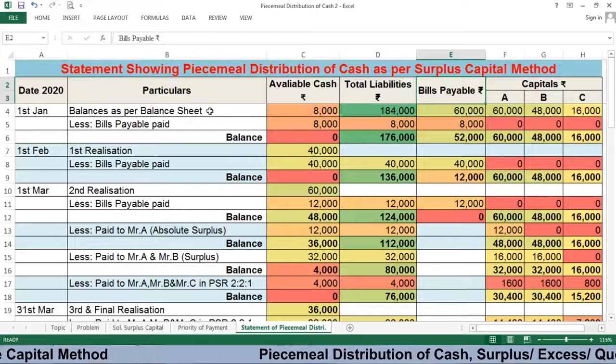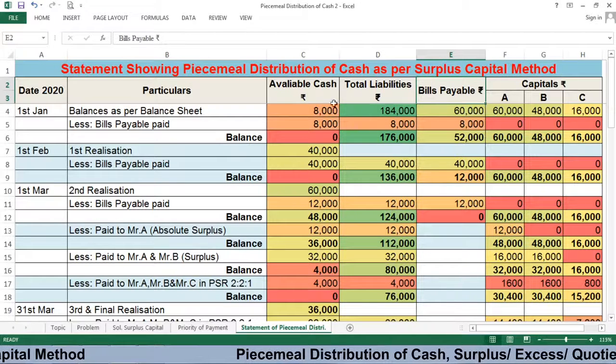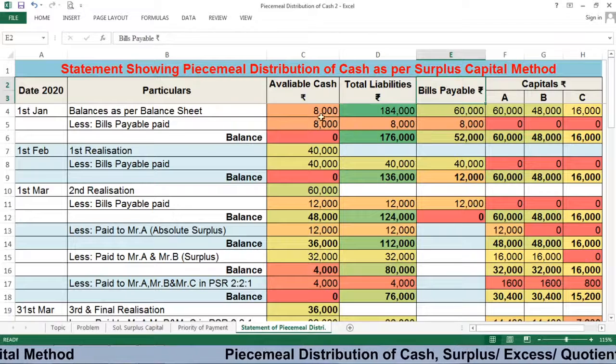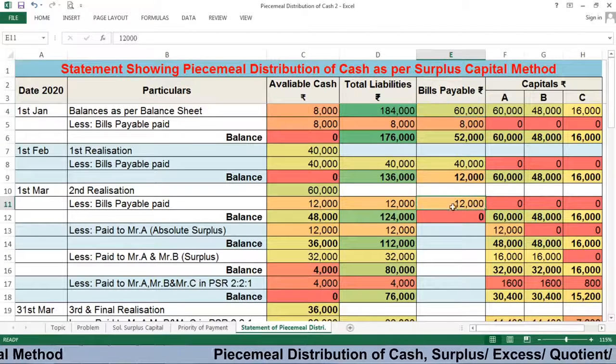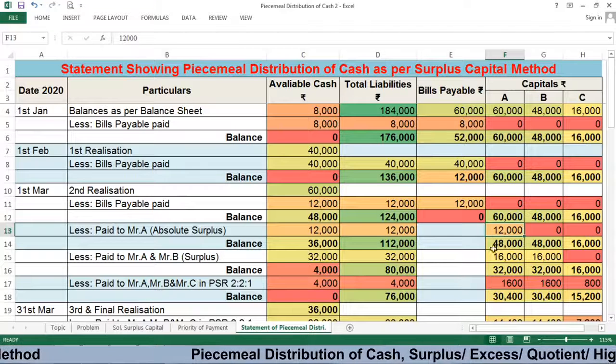As and when we received the cash, we distributed it to the third party liability, and after that we paid the amount to the partners as absolute surplus.